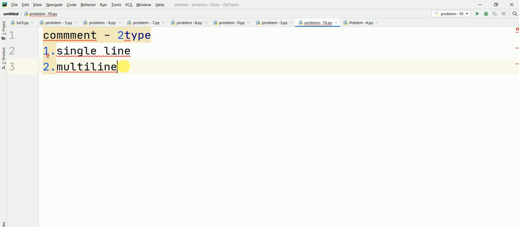There are two types of comments. One is single line comment and another is multi-line comment. What is single line comment and what is multi-line comment?